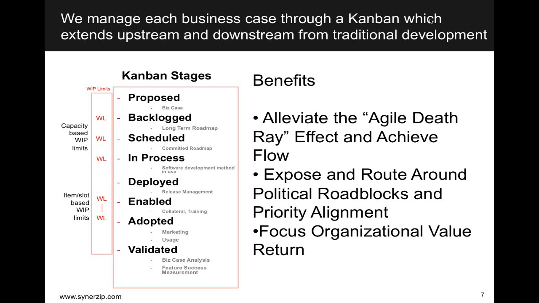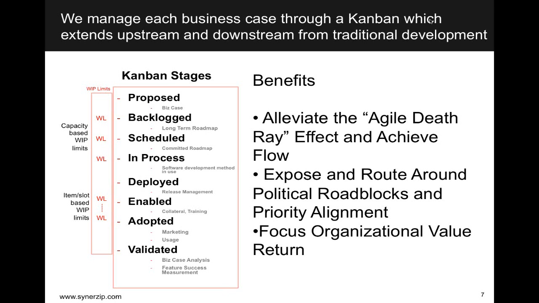And then your in process is almost always WIP limited by capacity. So in a Scrum process, that might be story point totals for all of your teams in aggregate. If you're exercising a lean Kanban approach, then you're able to actually use a traditional item or slot based WIP limits there.